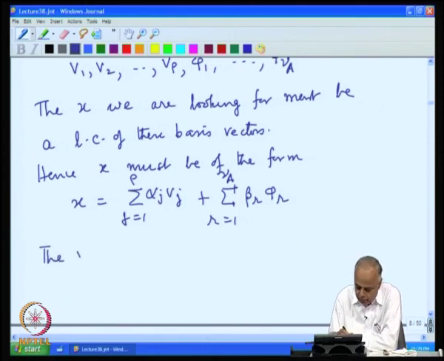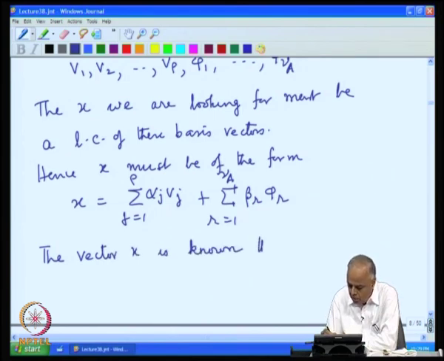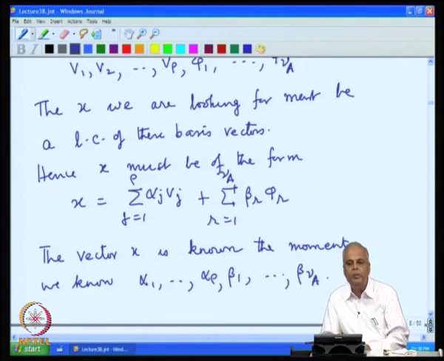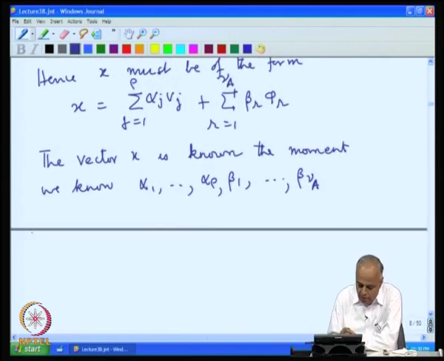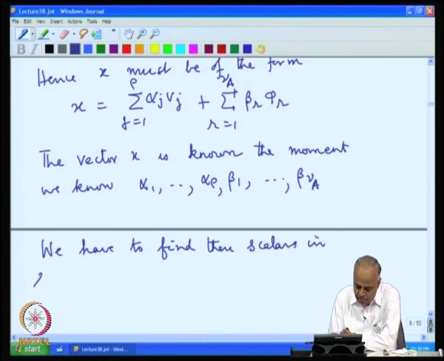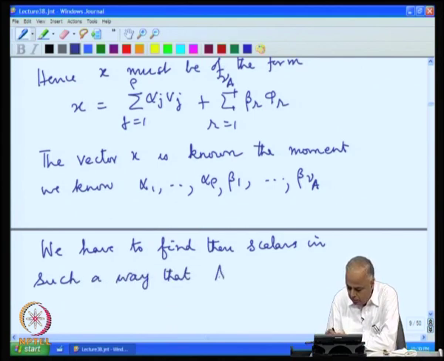So, our job is to find these scalars in such a way that A x is equal to B.